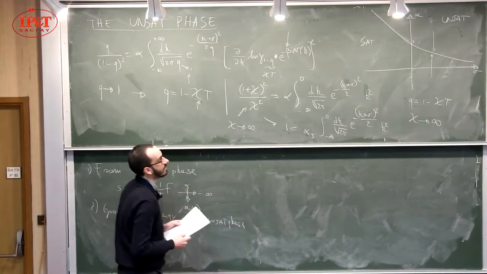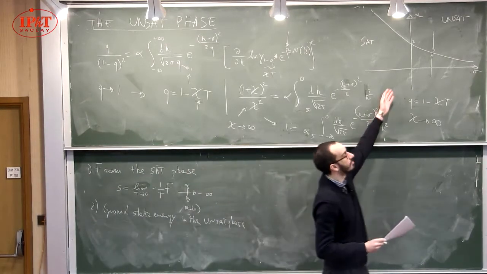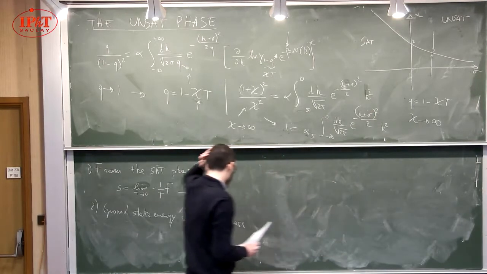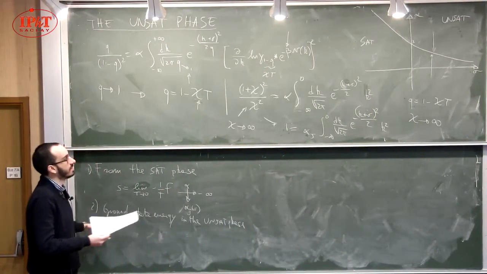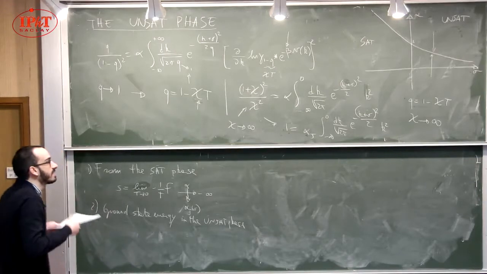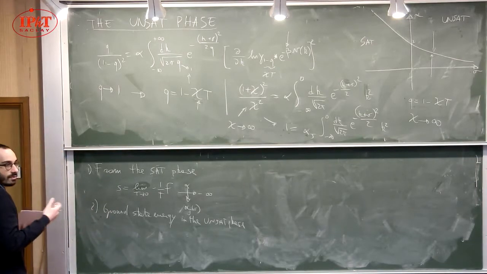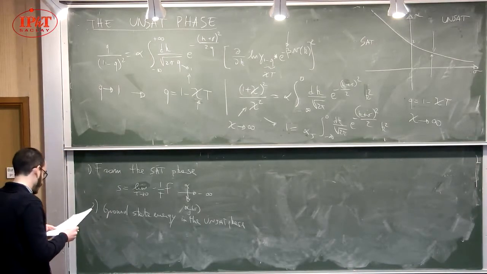So of course in the Sat phase the ground state energy is 0 because the problem is Sat, right? And so it makes sense to ask what is the ground state in the Unsat phase. So what is the minimal number of constraints that are violated?